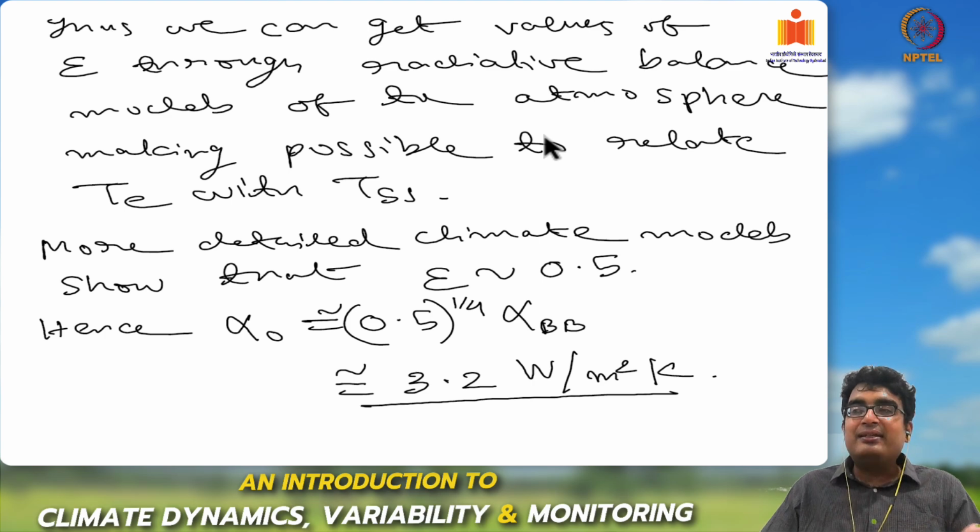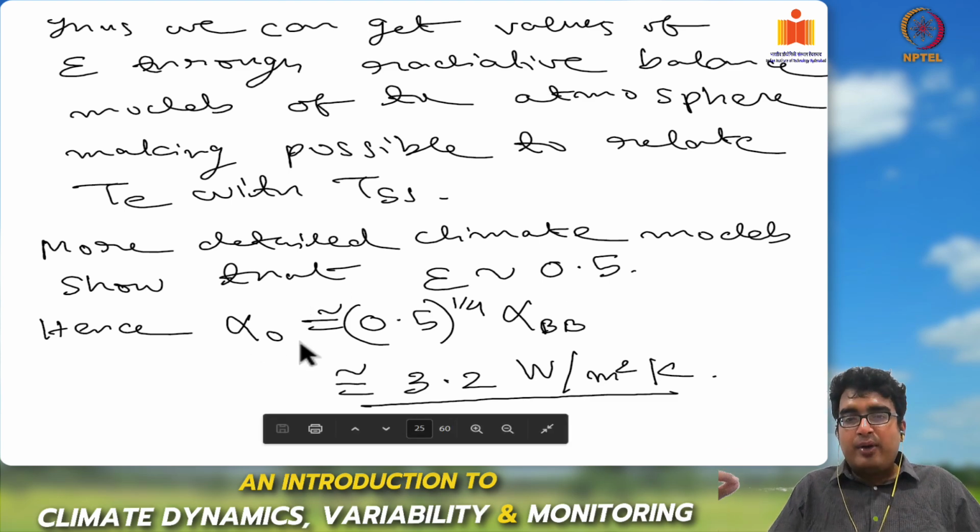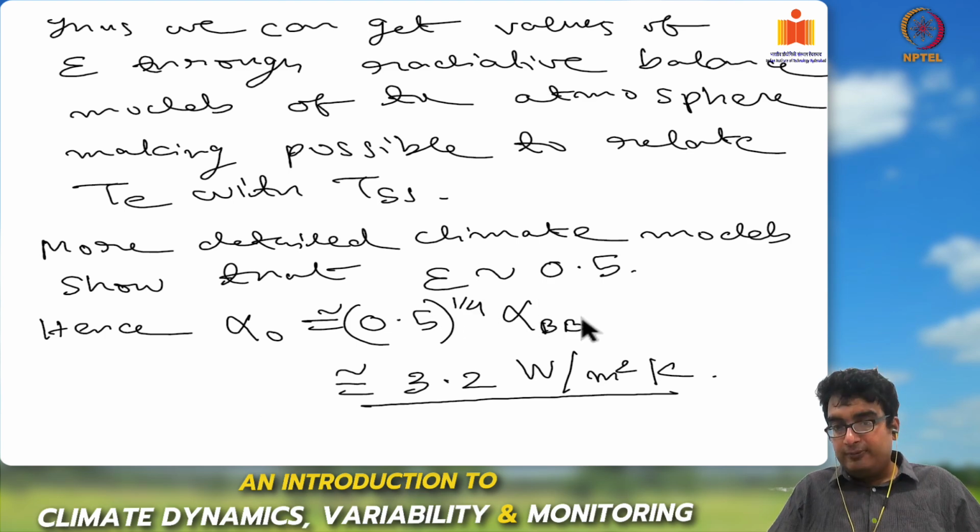With more detailed climate models, and we can do this not only with radiative but also radiative convective equilibrium models, a more fleshed out climate model will give the emittance to be around 0.5. So the alpha 0 term for our atmosphere is 0.5 to the power 1/4 alpha blackbody. We have already evaluated the alpha blackbody term before.